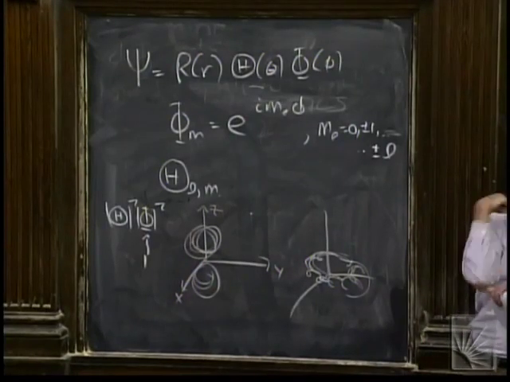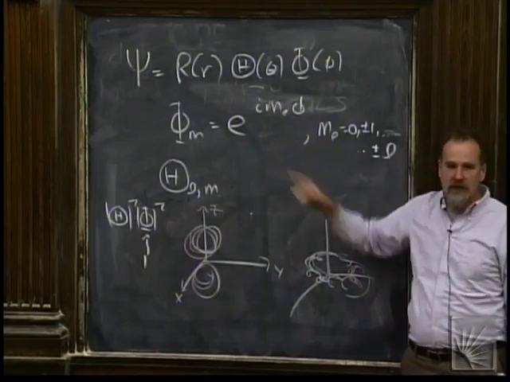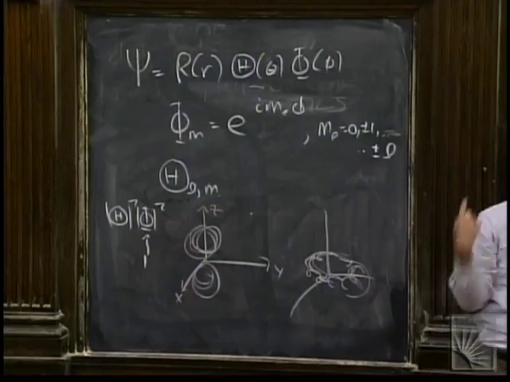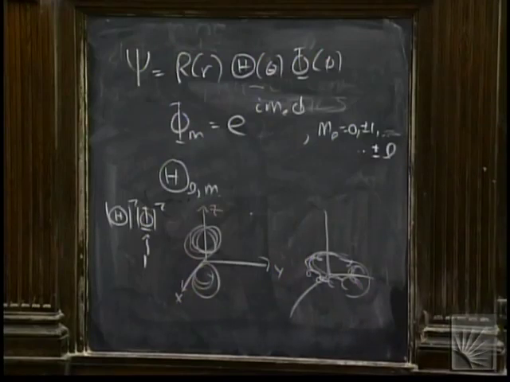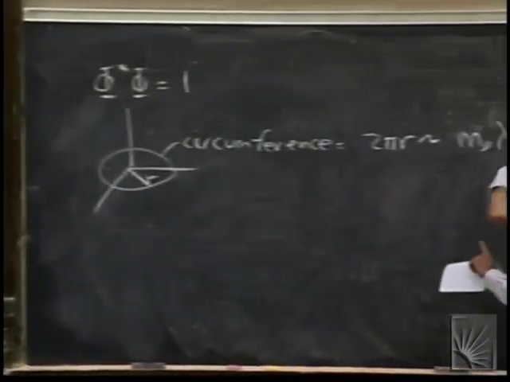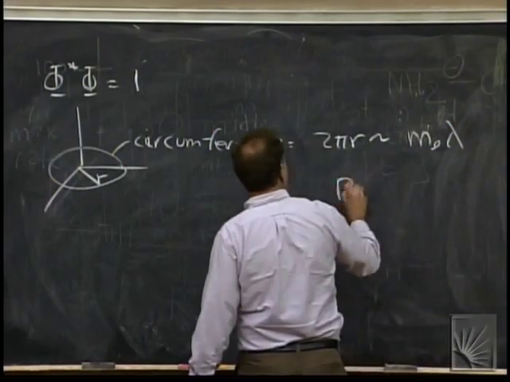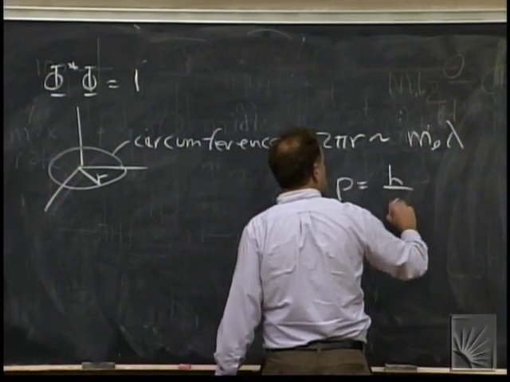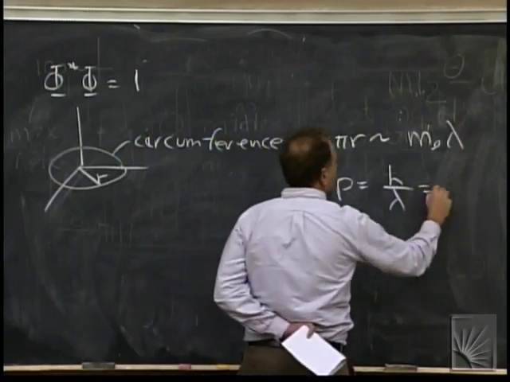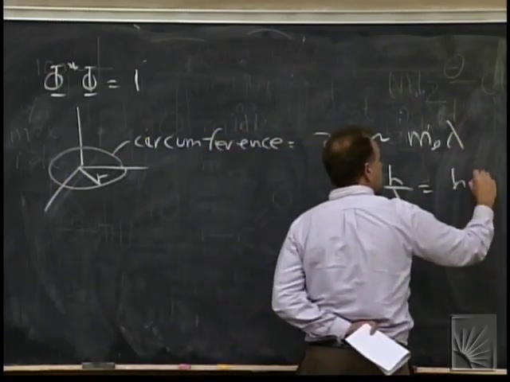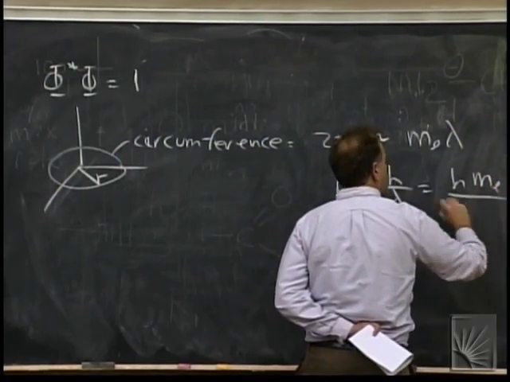I went through 1 cycle of a sinusoid as I went around. If m sub l was 2, I went around 2 cycles of a sinusoid. So let me say in some sort of vague way, that's saying that I stuck a wavelength into this thing as it went around. All right? And if that's true, there's a momentum, which is h over lambda. Let's see, 1 over lambda is m sub l over 2 pi r, so h m sub l over 2 pi r.